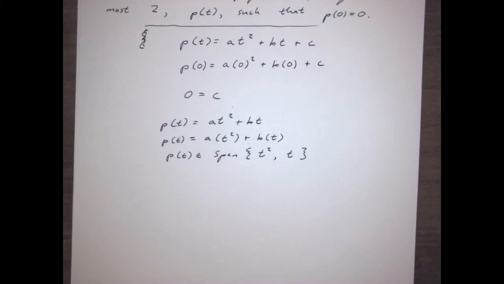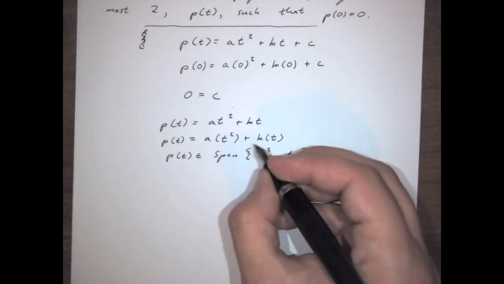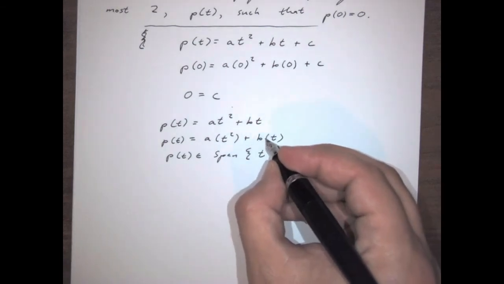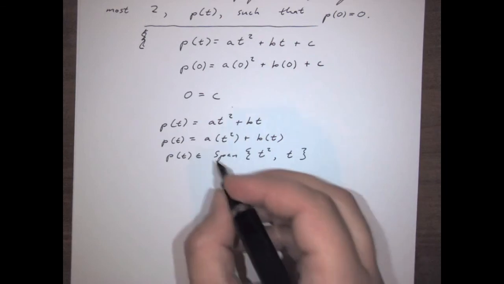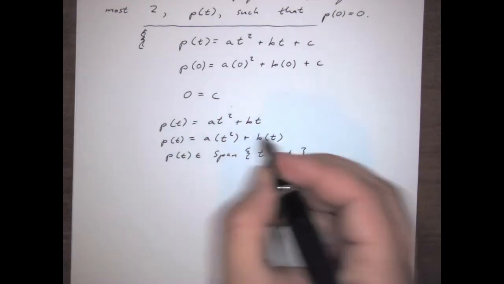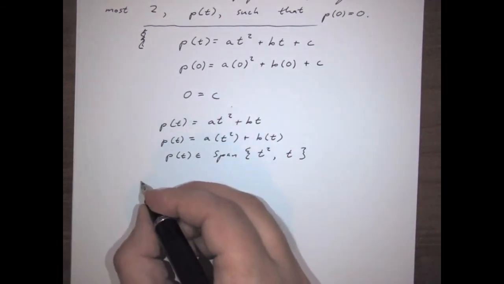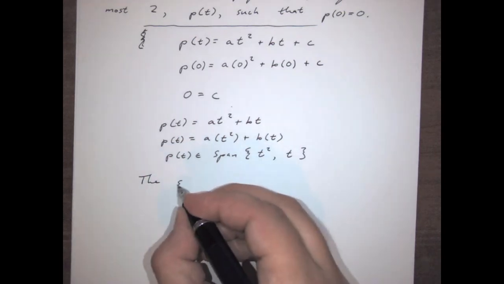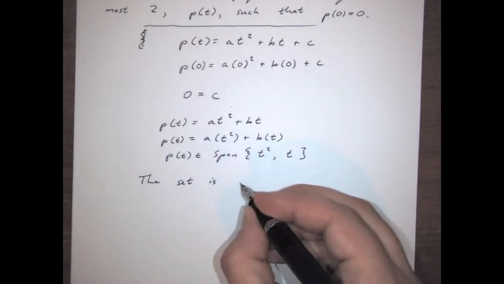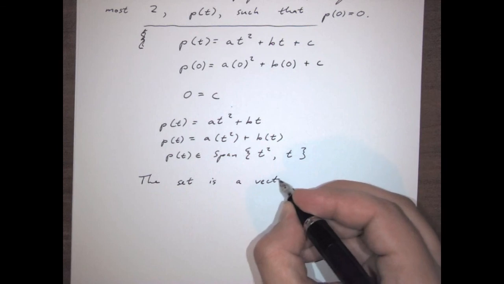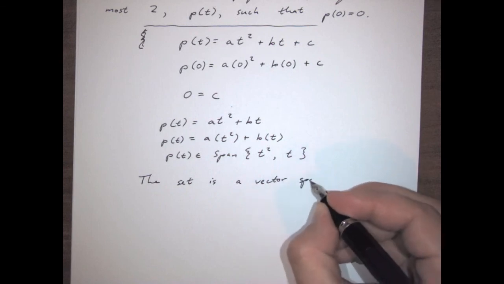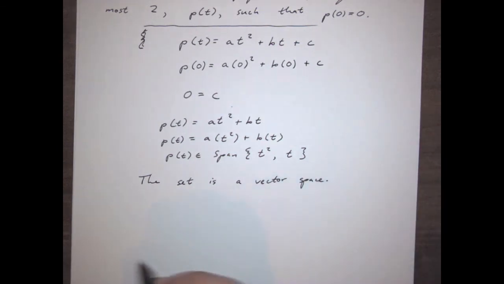It's just a matter of trying to rewrite it so that you have clearly combinations of some basis here, t and t squared. So that means the set is a vector space.